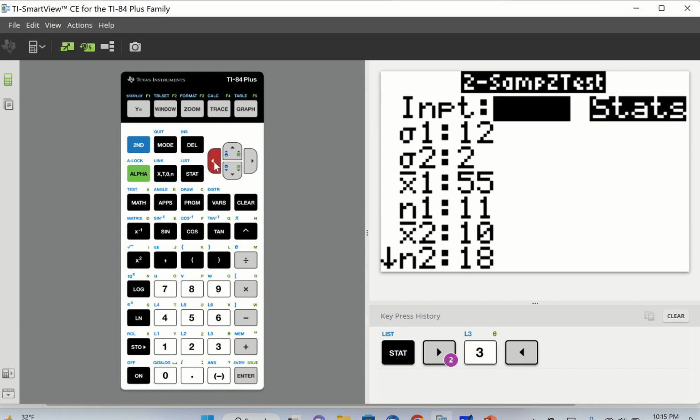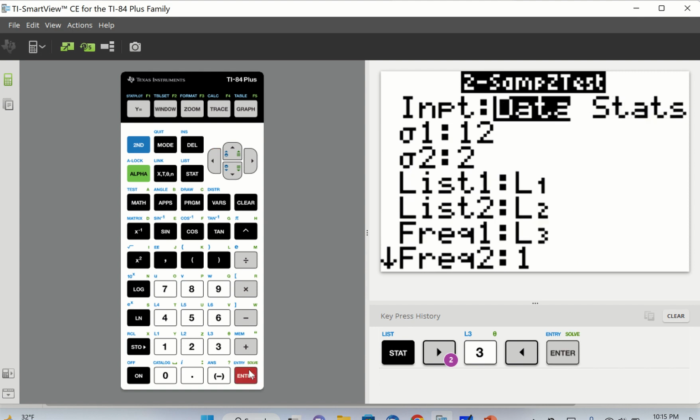Two options for input. You could either have data given or you could have statistics given. Let's select data for the first option. You would need to enter the population standard deviations for population 1 and 2. Come down to enter the name of the list where your data is for sample 1 and sample 2.